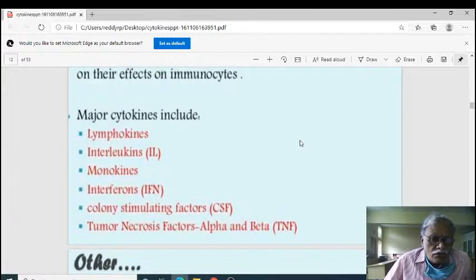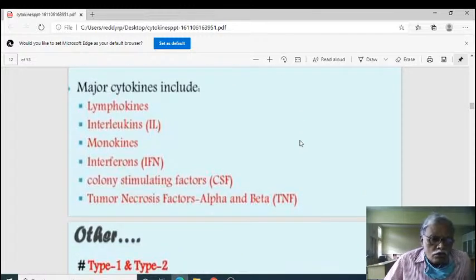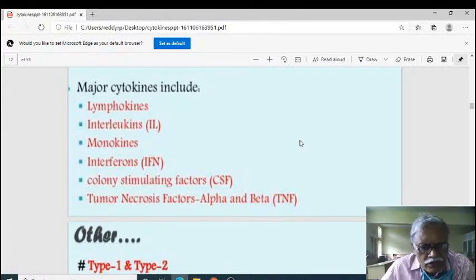The major cytokines include lymphokines and interleukins, monokines, interferons, and the colony stimulating factors, and the tumor necrosis factor alpha and beta. They all come under the cytokine group.